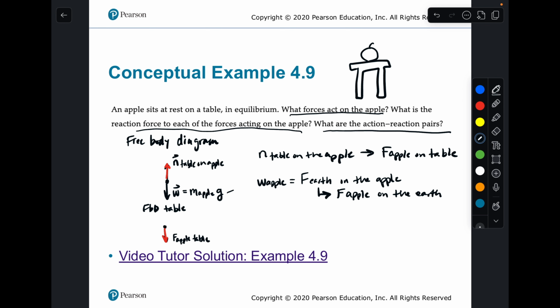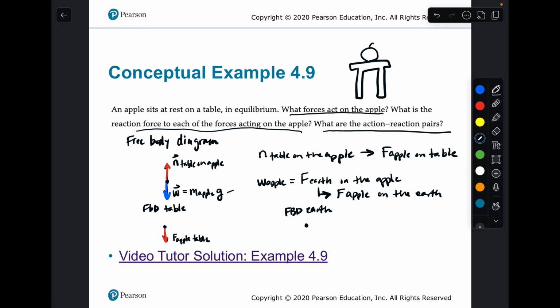We marked the weight of the apple, but we didn't mark the force of the apple on the Earth, because in order to do that, we'd need to draw a free body diagram of the Earth, right? Because the thing about Newton's third law is those forces that are related to each other through Newton's third law do not all belong on the same object, right? One is describing the force on one object and the other is describing the force on the opposite object.